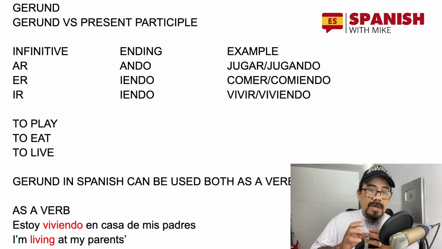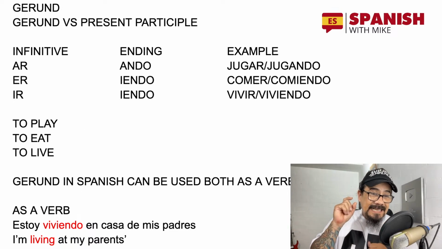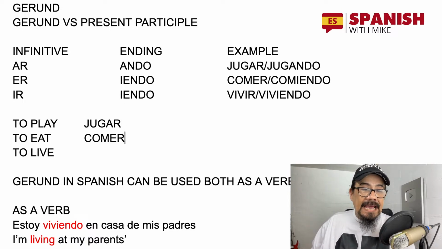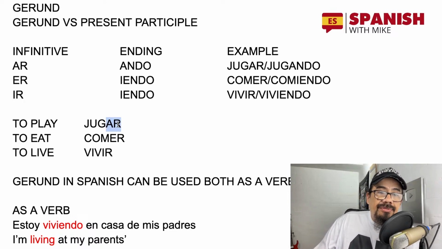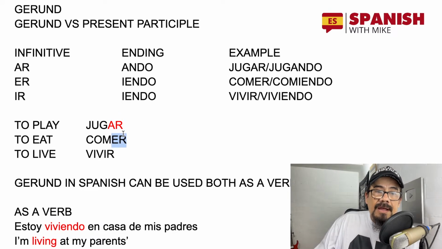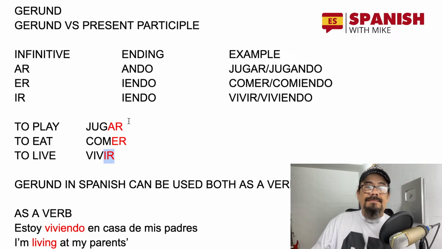Any verb in its infinitive form, to play, to eat, to live, in Spanish would be jugar, comer, vivir. In Spanish, we have three different endings for the verbs when they are in their infinitive form: ar, er, ir.